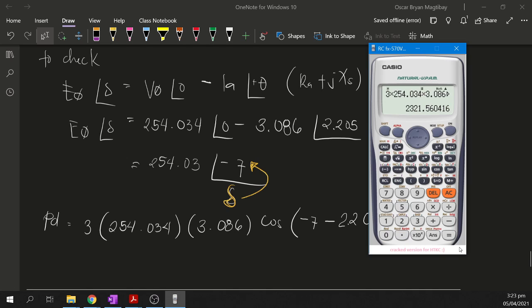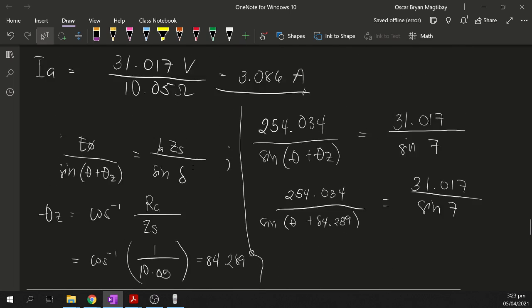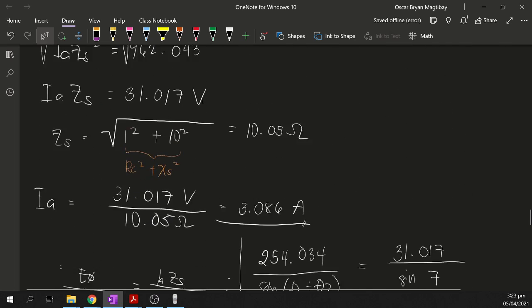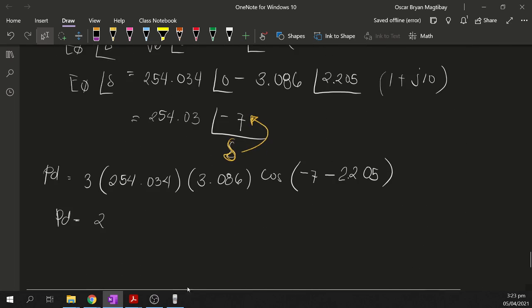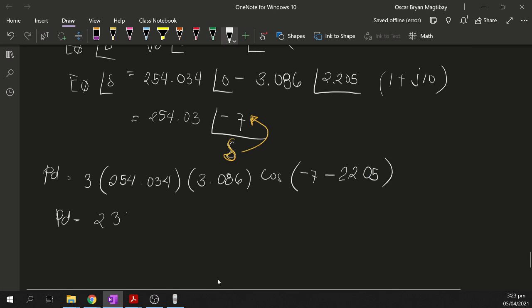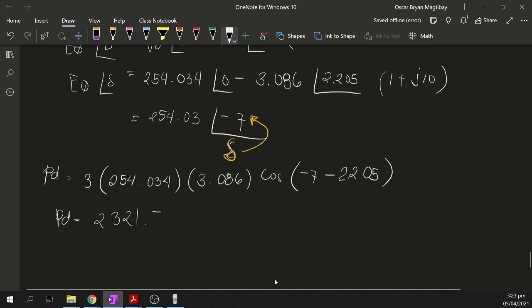So, ang ating power developed sa makatuwid, the power developed is equal to 2,321.56.